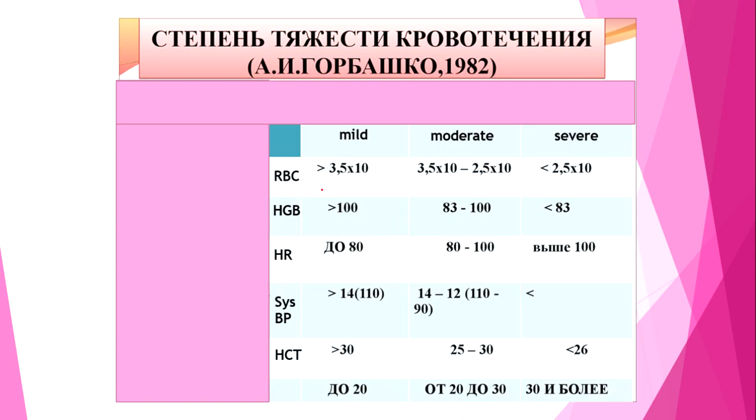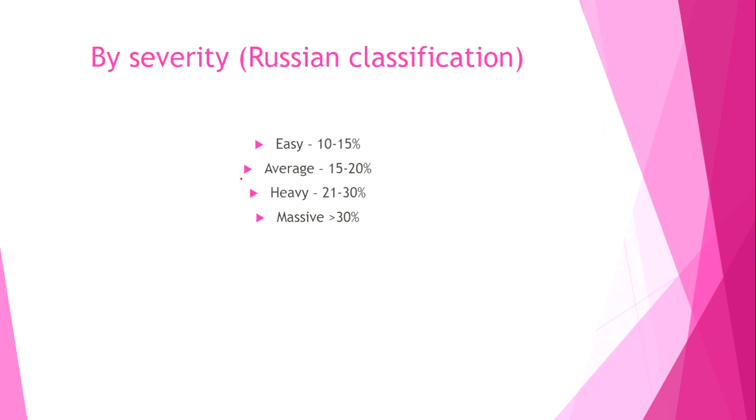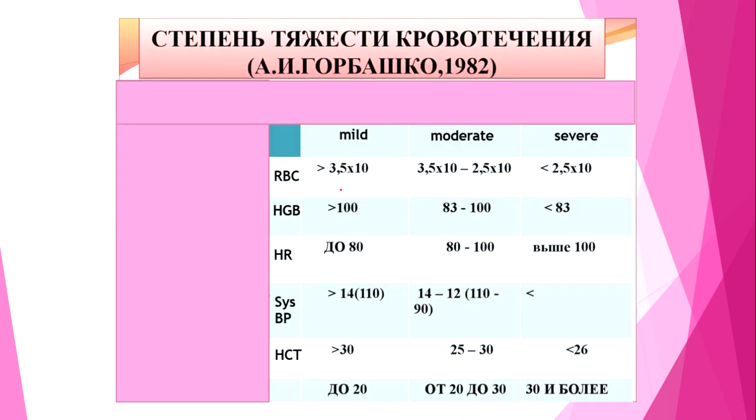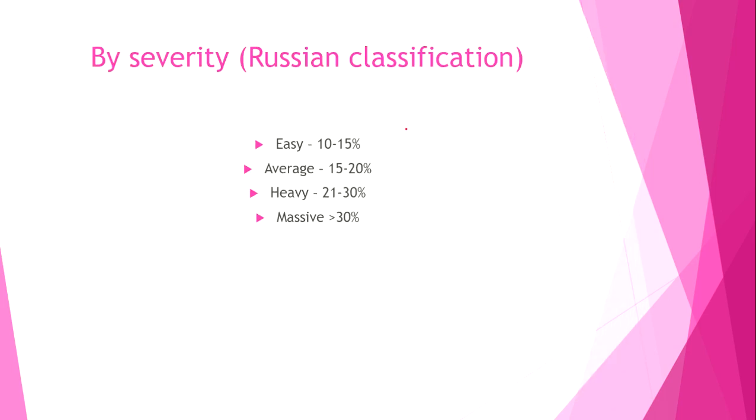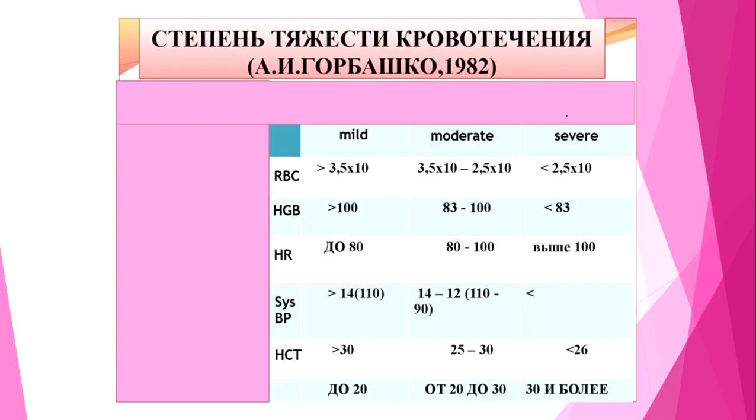Why is it better than this classification? Because we can understand easy, average, heavy and massive blood loss means we have this or this example in the table. We have red blood cell count, hemoglobin, heart rate, systolic blood pressure.